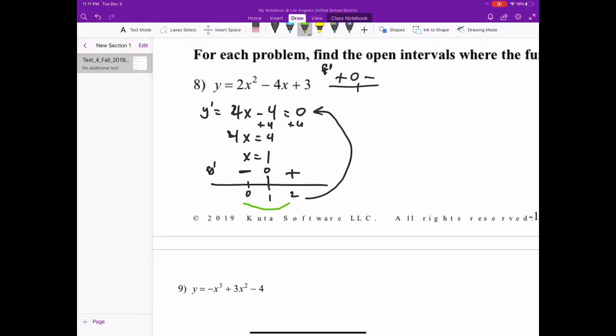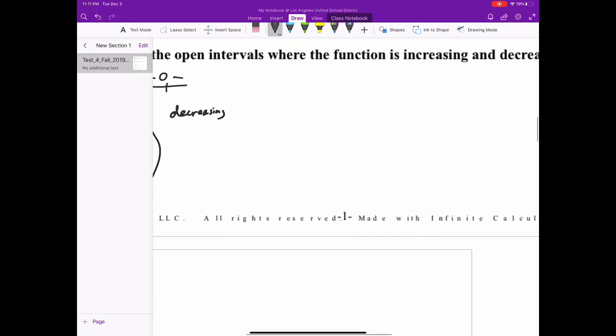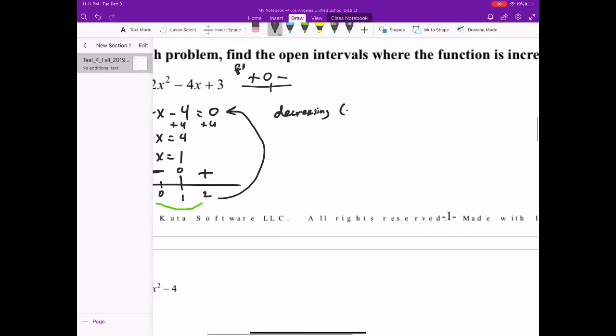They asked us to restate the interval. So we are decreasing between negative infinity and 1, and we are increasing from 1 to infinity.